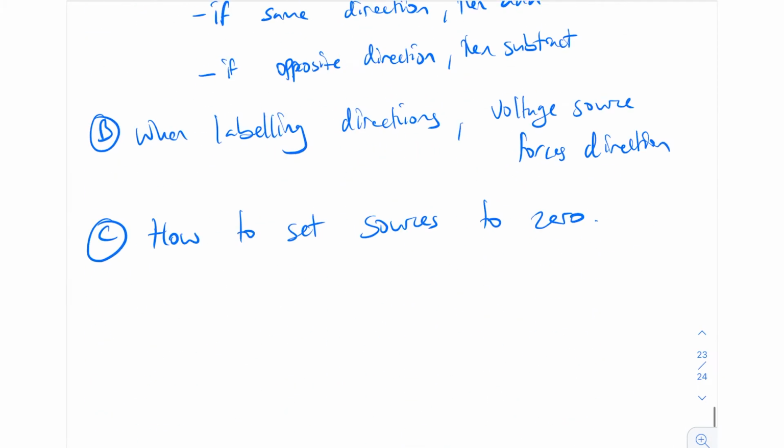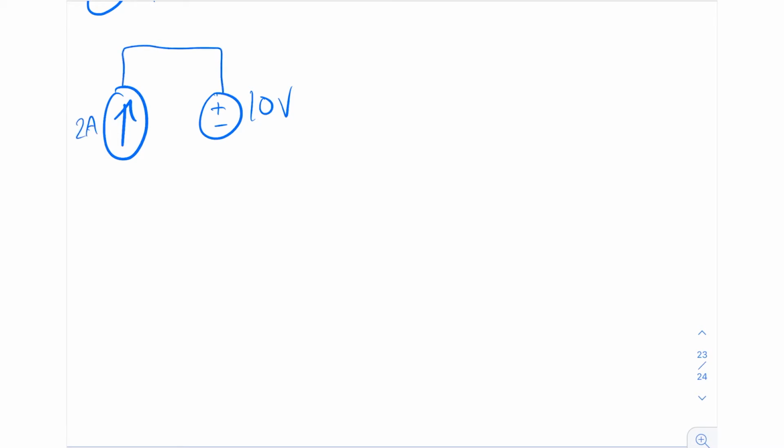So what that means is you're removing the impact that a current source has on a circuit, and you're removing the impact that a voltage source has on a circuit. So if we've got a circuit with 10 volts and another component in it with 2 amps, imagine this is a circuit, you had R2, R1.